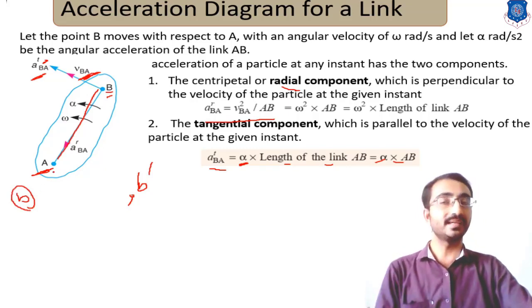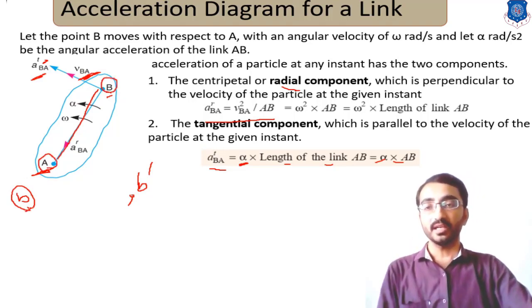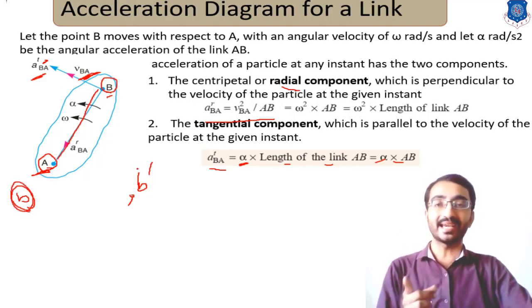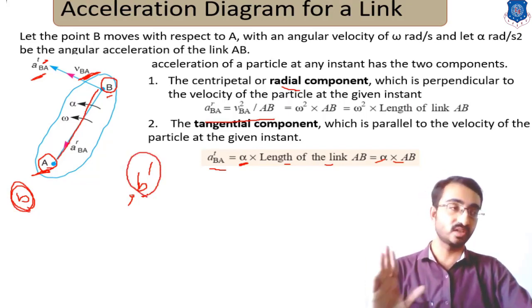For any link, if we use capital notation, then it is its original, or we can say configuration diagram. Small notations we will use in the velocity diagram, and small letters with dash, that is b dash, this notation we will use in the acceleration diagram.